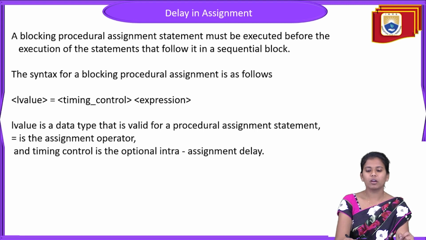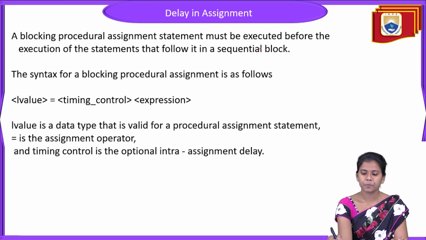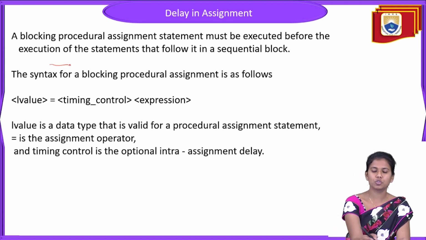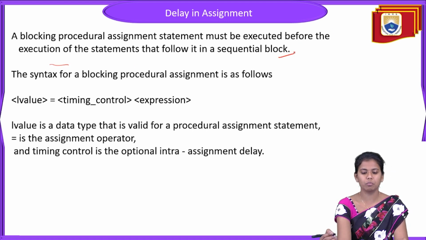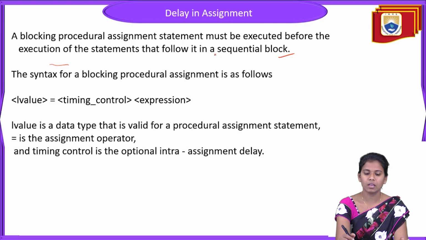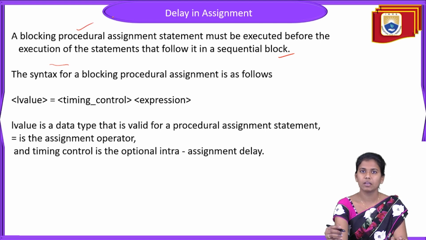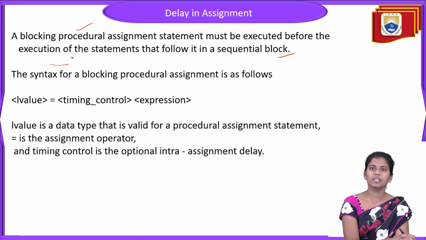So the delays in assignments with respect to the blocking as well as the non-blocking, that is RTL assignments. Coming to the blocking procedural assignment, it must be executed before the execution of the statement that follows in a sequential block. So what does the blocking assignment mean? This assignment must be executed before the execution of the statement.